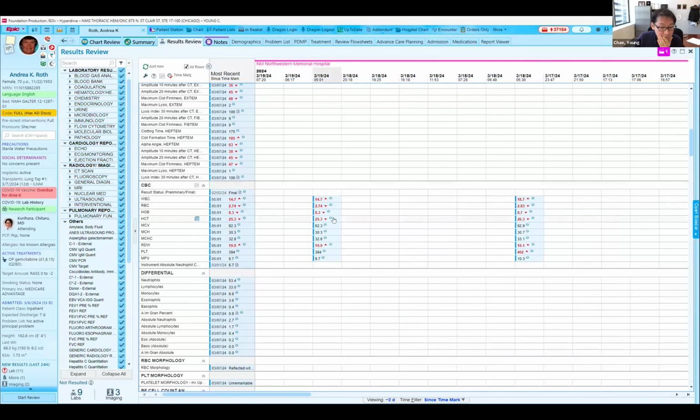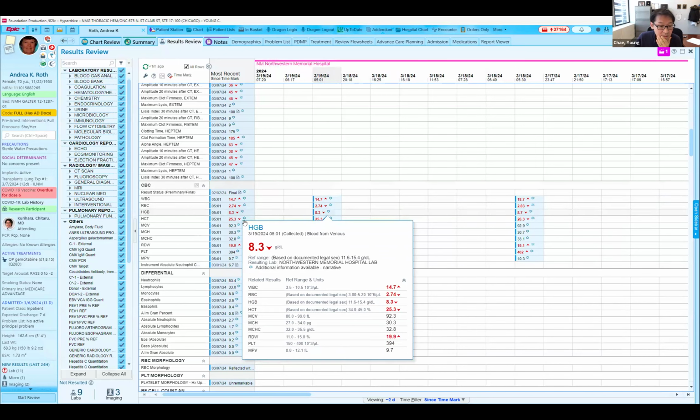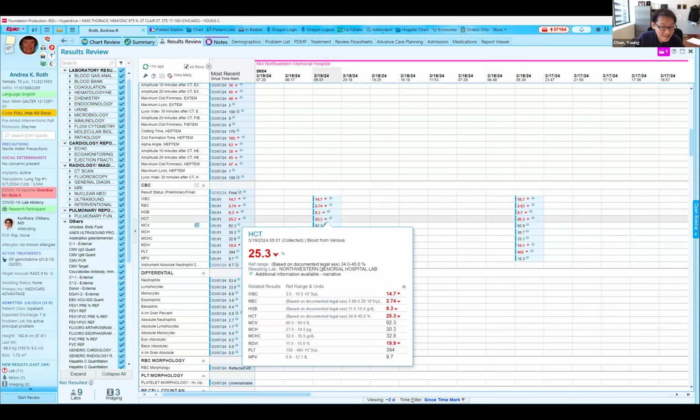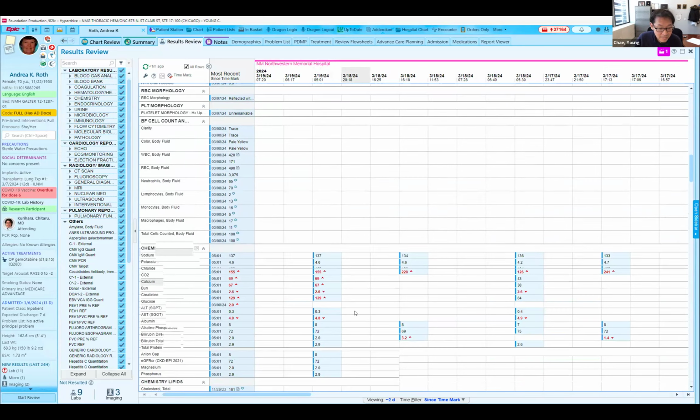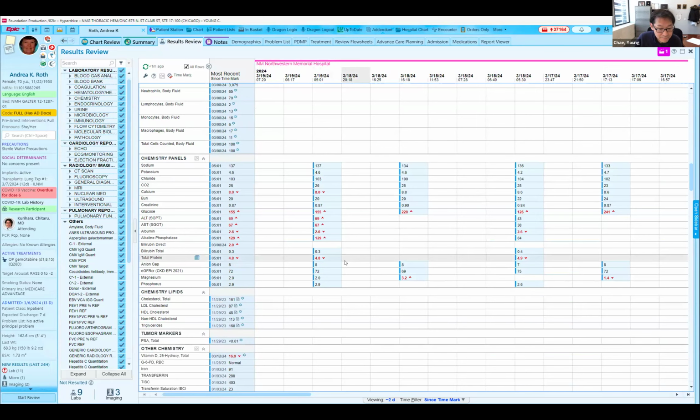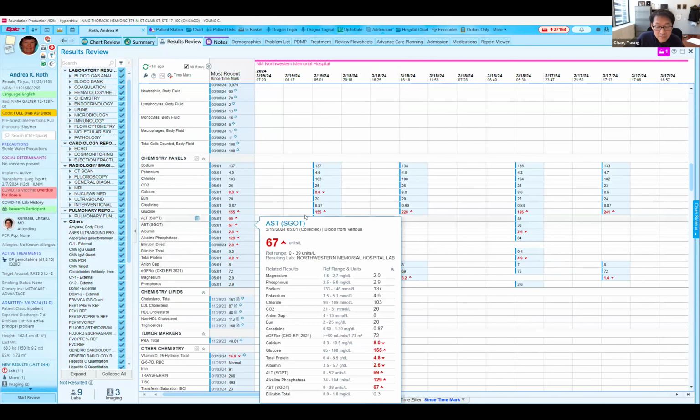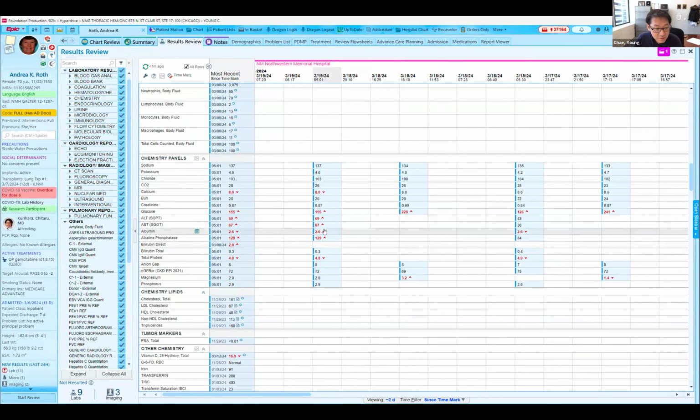Well, look at her WBC count. Hemoglobin is 8.3. Bilirubin direct is 2. I wonder why her liver numbers are tanking.